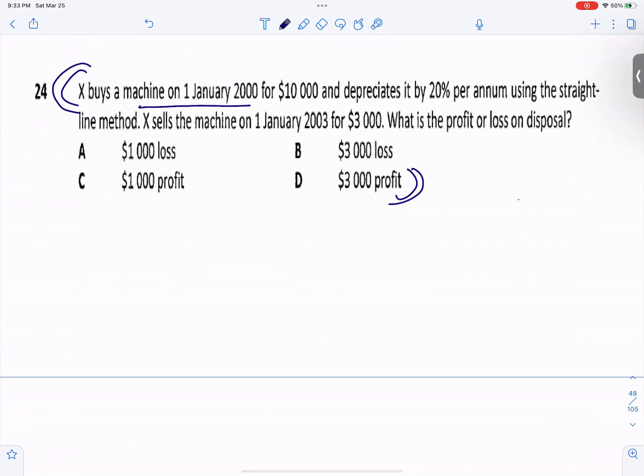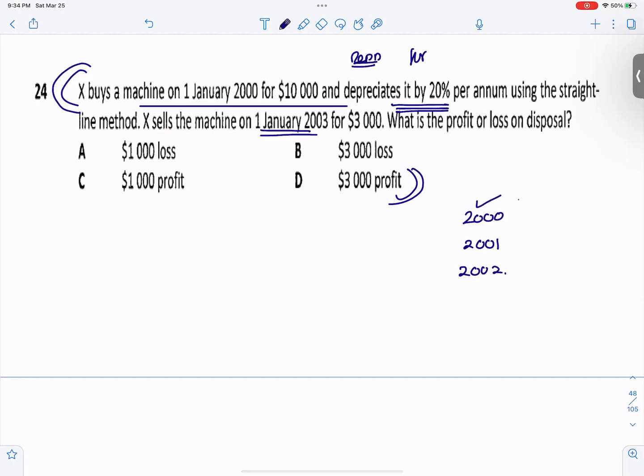X buys a machine on 1st January for 10,000 and he depreciates it by 20% using the straight line method. X sells the machinery in 2003. That means he has depreciated for how many years? Not 1 year, 3 years.